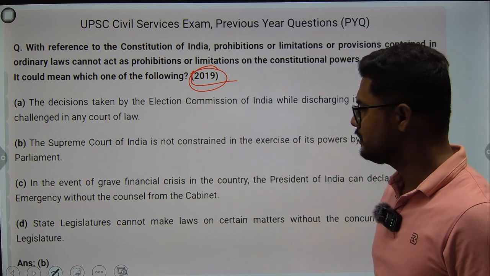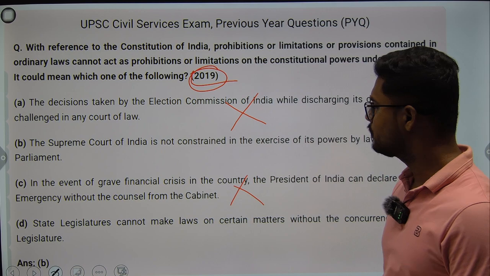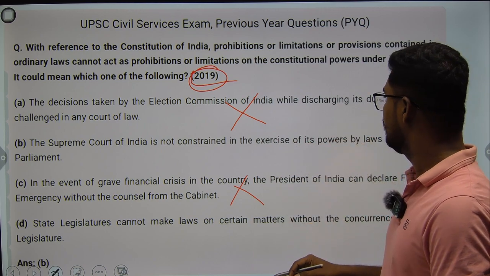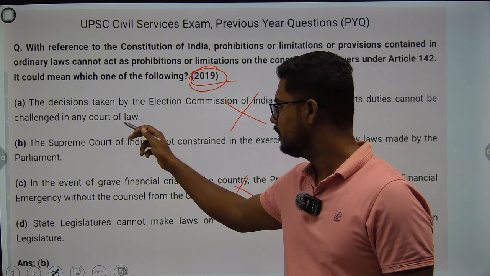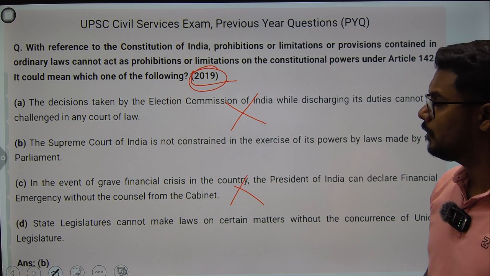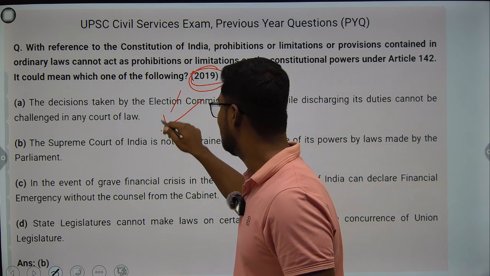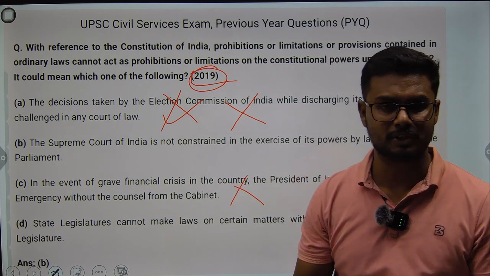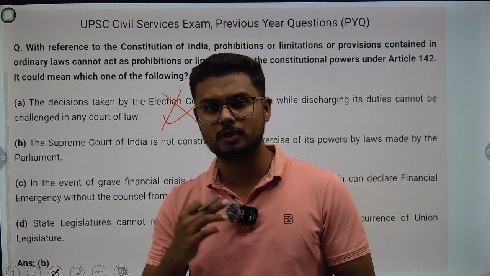By looking at the options, you can easily eliminate option A and option C because they seem extreme for the given situation. Statement A says the decisions taken by the Election Commission of India while discharging its duties cannot be challenged in any court of law. This is straight away an extreme statement which cannot be justified, or such a power cannot be given to any constitutional authority.